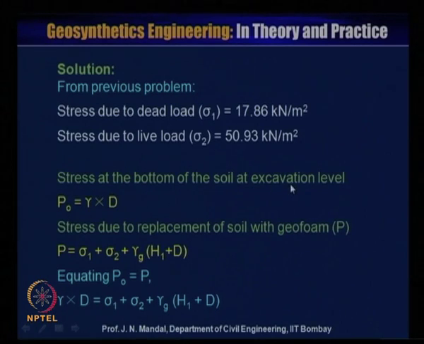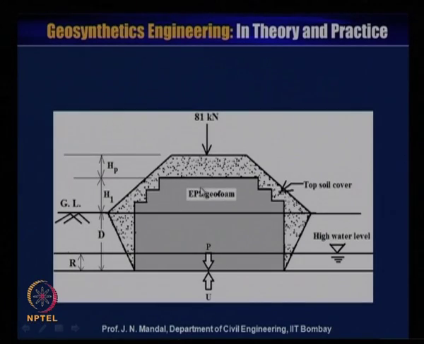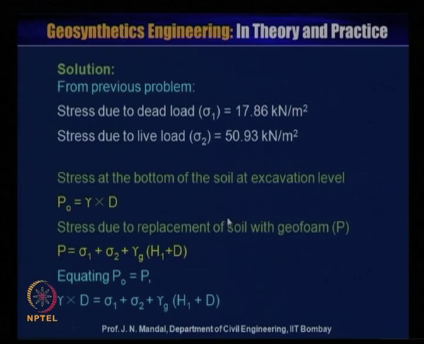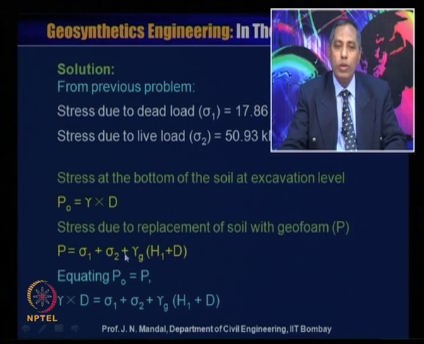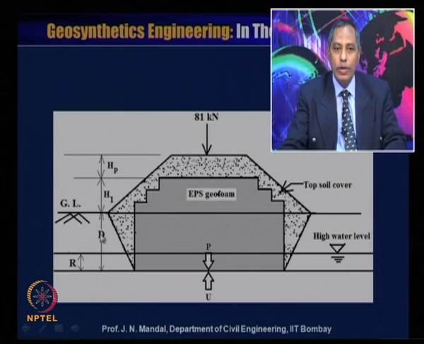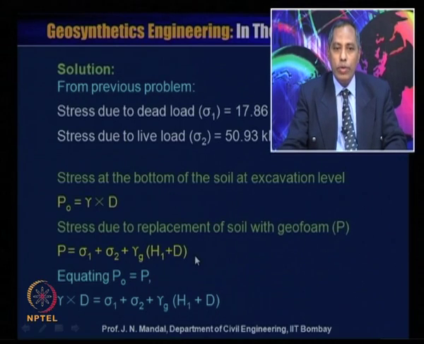The stress at the bottom of the soil at excavation level, P0, will be equal to gamma into D. When you are using the geofoam material instead of soil, the stress P will be equal to sigma 1 plus sigma 2, which we have earlier calculated, plus gamma G into (H1 plus D), because this is up to the geofoam height.